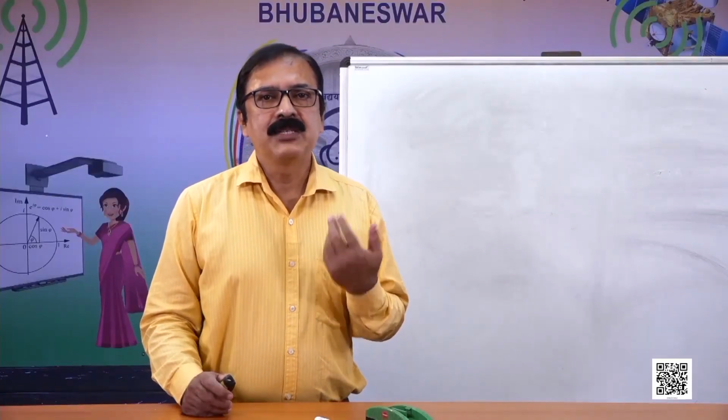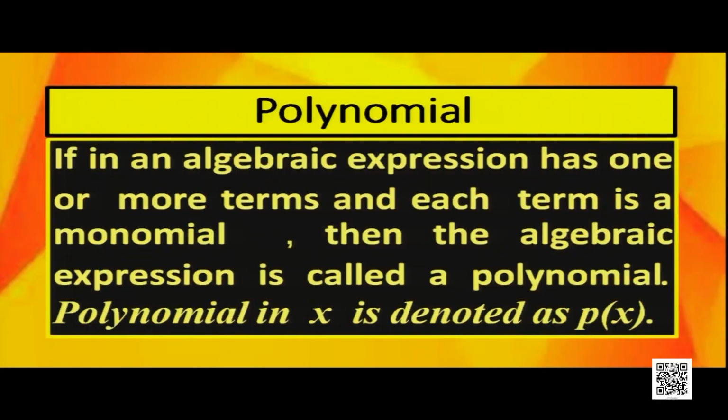Then what is a polynomial? A polynomial is nothing but an algebraic expression where we may have one or more terms and each term is a monomial. Then the algebraic expression is called a polynomial.